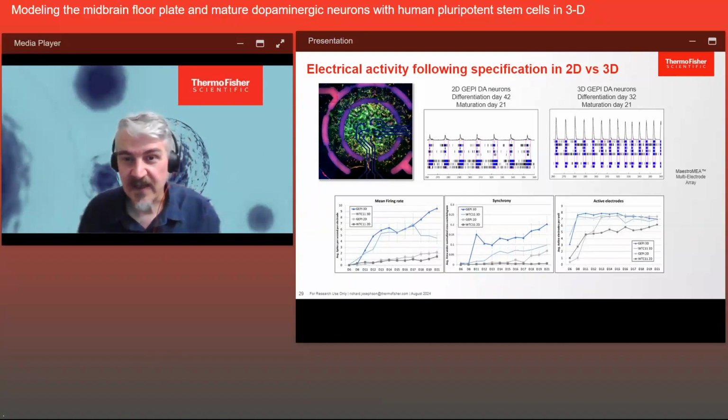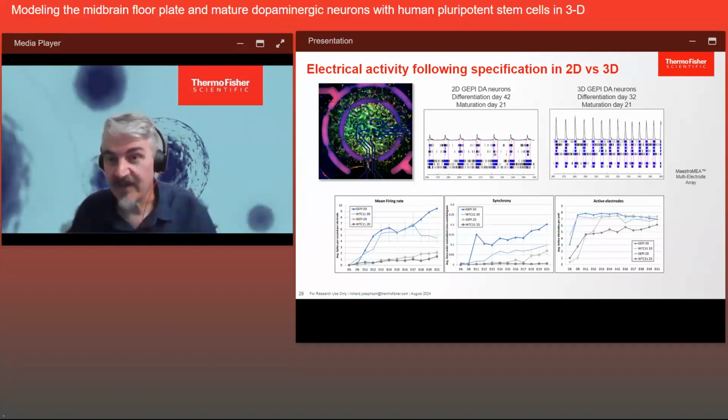So in these two raster plots, the one at the middle of the slide is the 2D protocol. We are reading the activity at day 42 of differentiation. So that's the longer specification and expansion, followed by 21 days of maturation. The upper right image is cells that were specified in 3D.